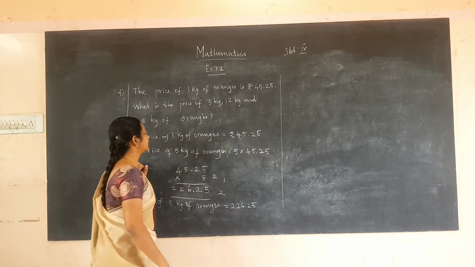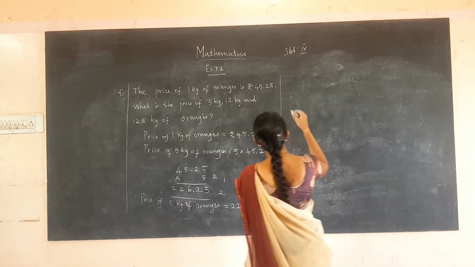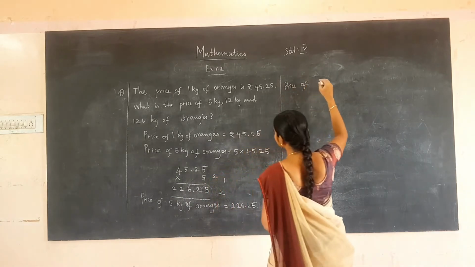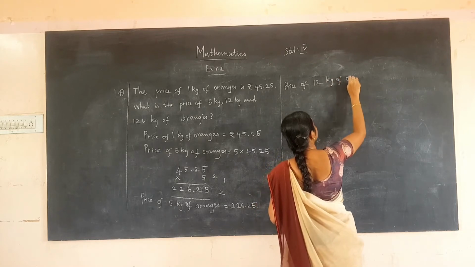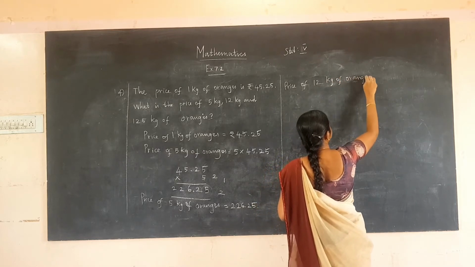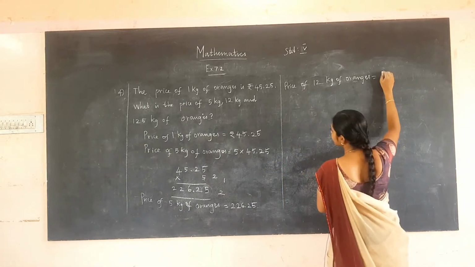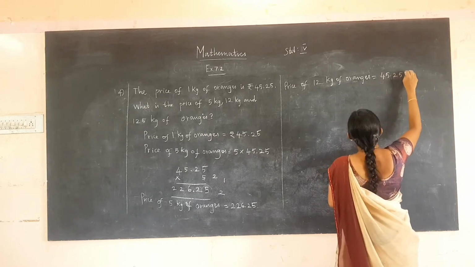Rupees 226.25. Next we have to find price of 12 kg. Price of 12 kg of oranges. So we have to multiply 45.25 into 12.